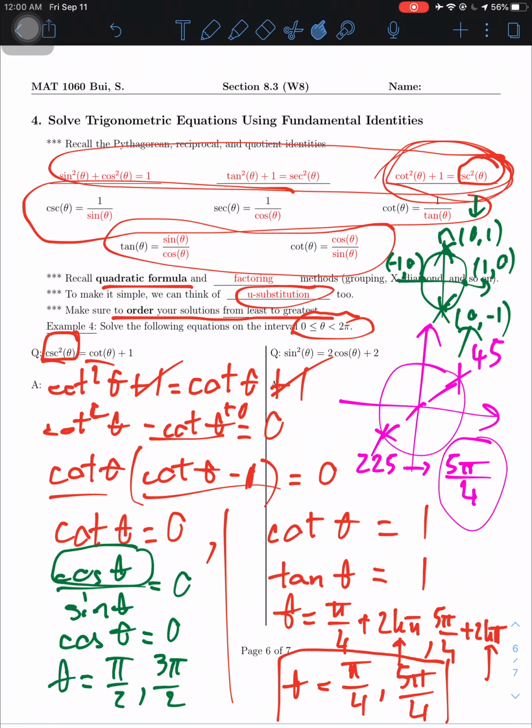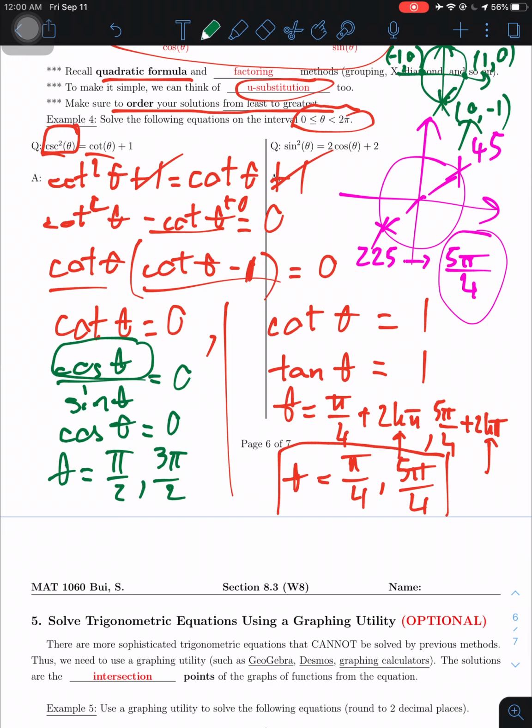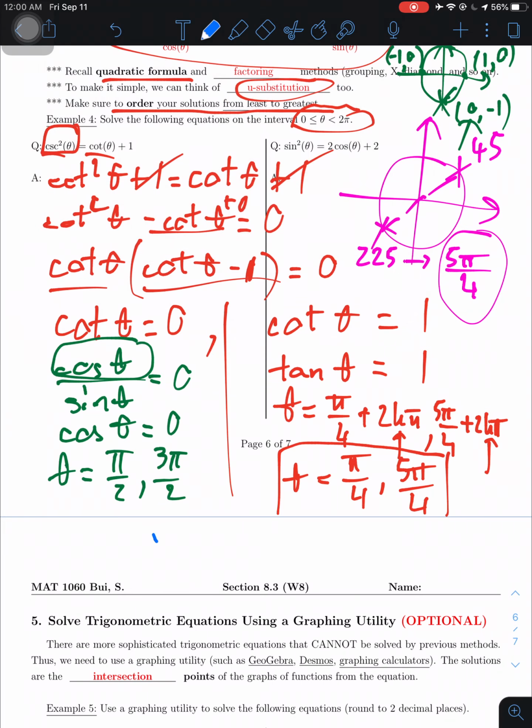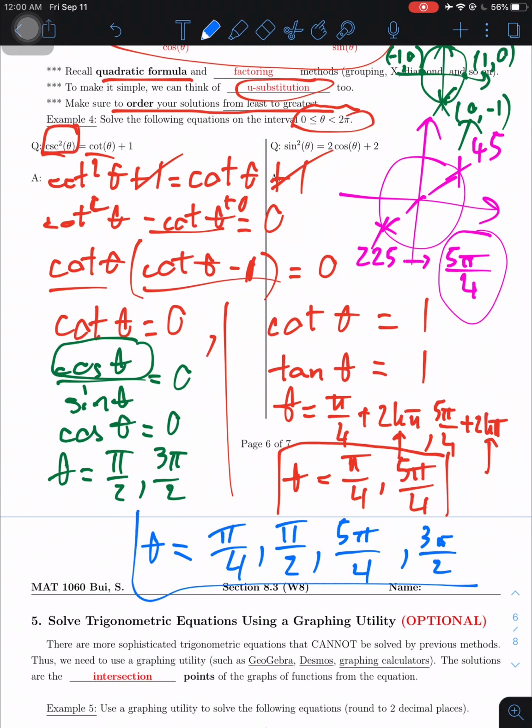Let me make it official by putting it in blue. Theta equals pi over 4, because I have to arrange them, then pi over 2 since it's 90, then 5 pi over 4 because it's bigger than 90, and lastly 3 pi over 2. These are all the answers that I have for just one problem, and this is your part. Good luck.